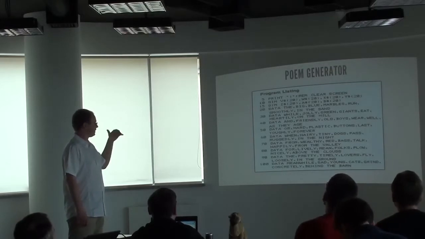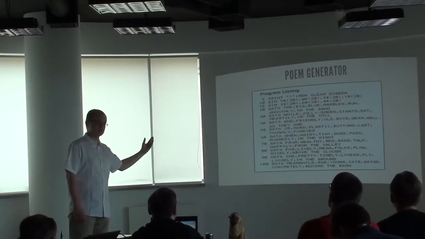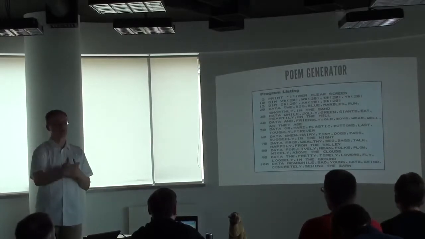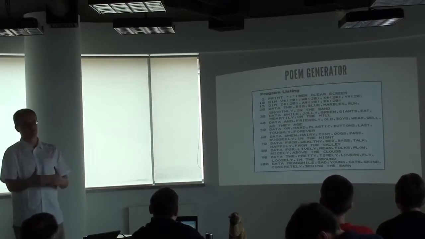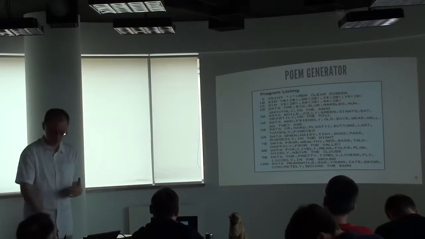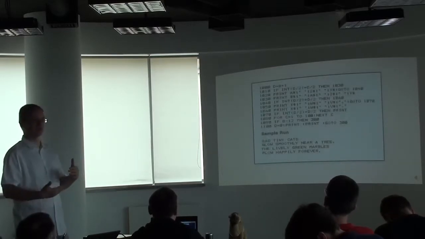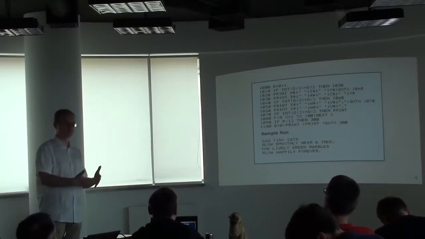For example, under the second index, you would always find an adjective. There was a specific index in the array for a noun, for a verb, and so on. So it allowed the program to randomly produce an adjective or randomly produce a verb.